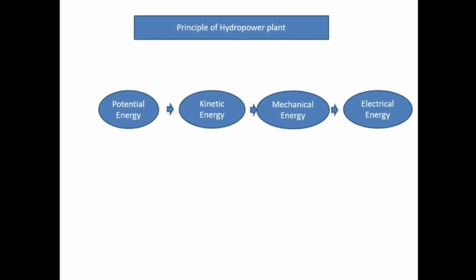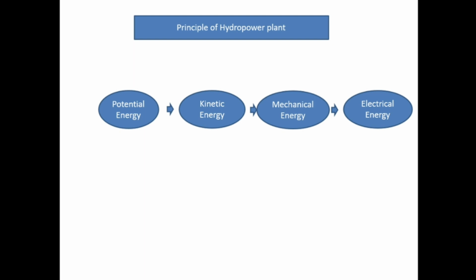Principle of a hydropower plant. In a hydropower plant, potential energy converts to kinetic energy, then mechanical energy, then electrical energy. Potential energy means the energy stored in the water in the reservoir.